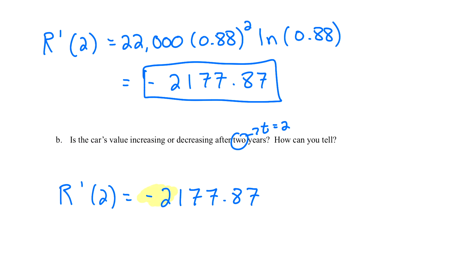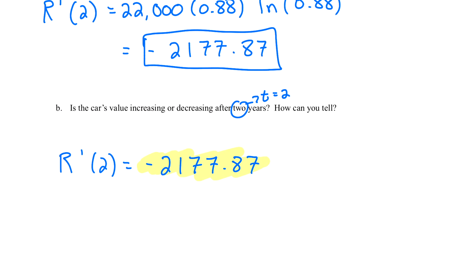So if I want to interpret my derivative at t equals 2 years, really what I'm looking at is, is my result positive or is it negative? Because if it's positive, I have a positive rate of change, which would mean my car's value is increasing. If it's negative, that would mean I have a negative rate of change, which would mean my car's value is decreasing. So in this case, I can say the value is decreasing, and I can even be more specific than just to say it's decreasing.